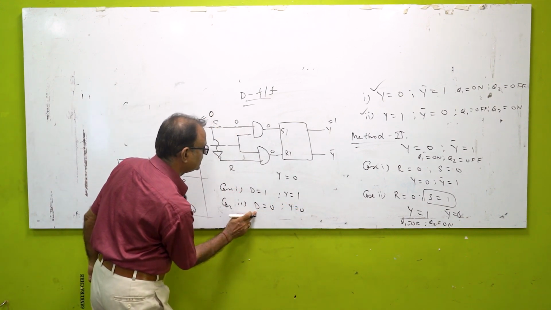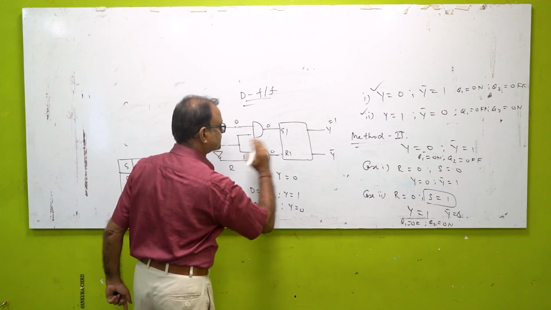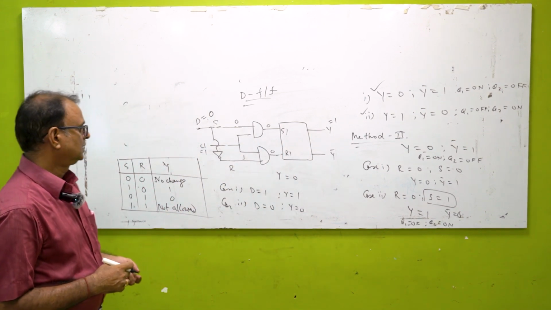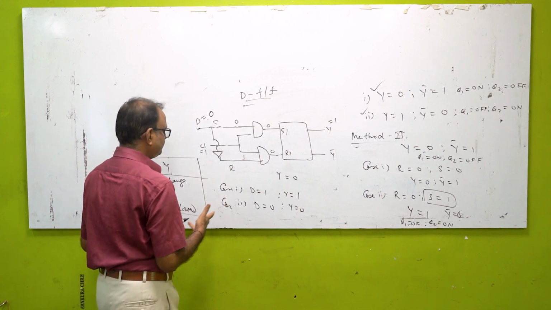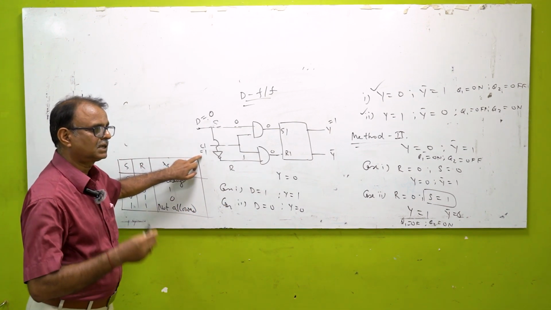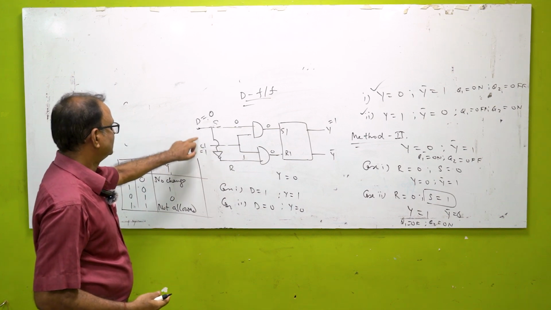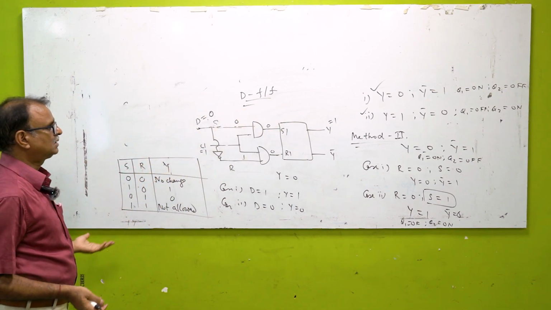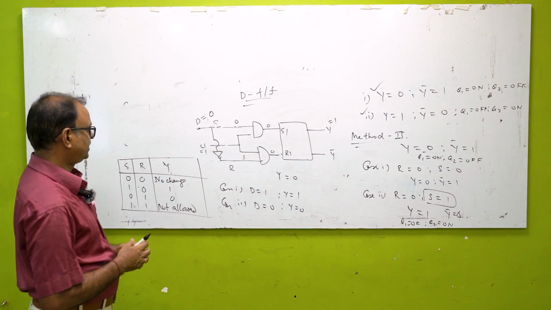So this D is equal to 0 input gets transferred to the output the moment the clock pulse is switched on. So why is it called a delayed flip-flop? It is called a delayed flip-flop because unless and until the clock pulse arises, this input will not go to the output. That is why it is called D flip-flop or delayed flip-flop.